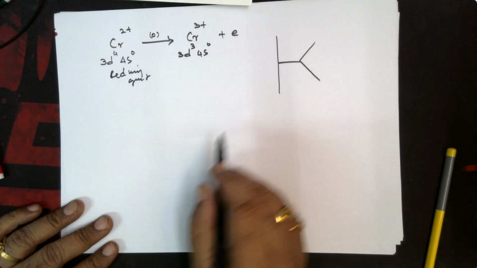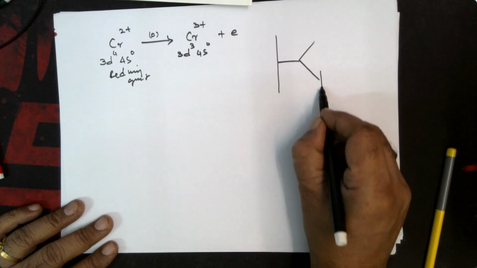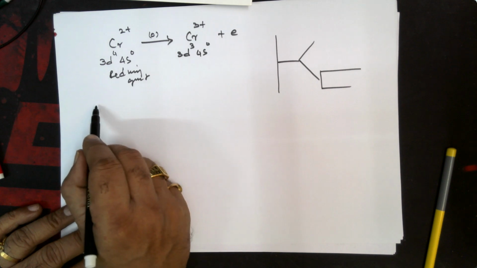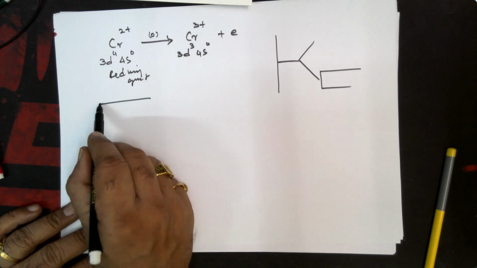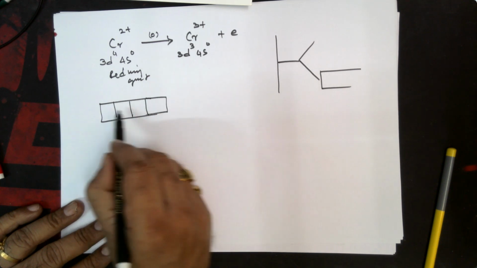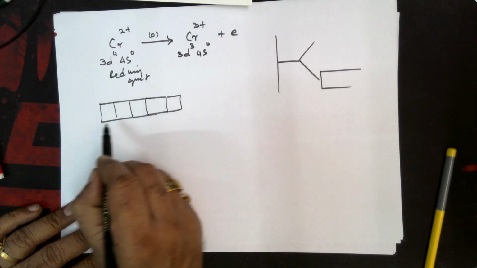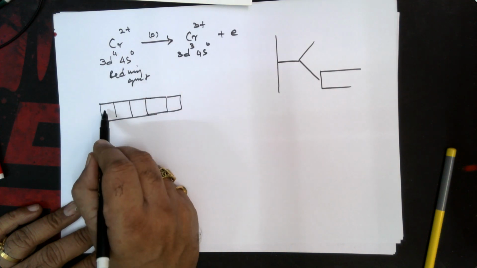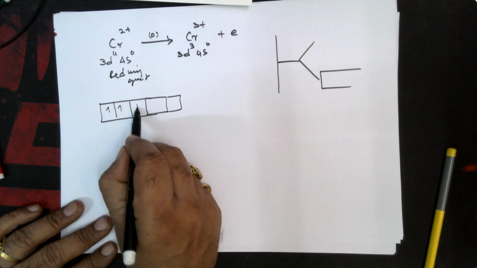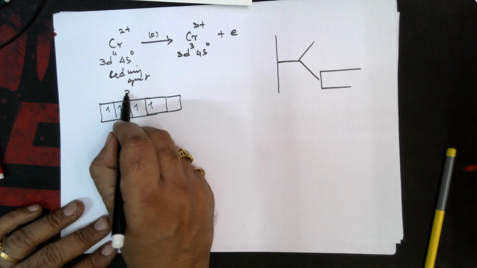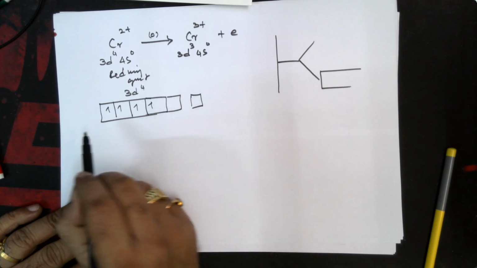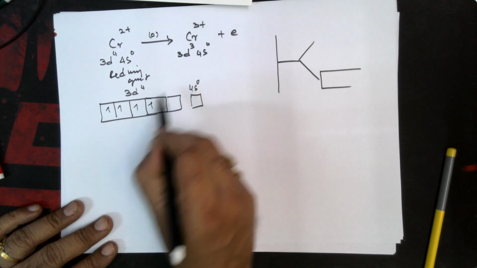Now when we work out the electronic configuration by crystal field splitting, the d orbital should be represented as 5 boxes: 1 2 3 4 5. For 3d4 we write 1 2 3 4, and there is no electron in 4s because it is 4s0.